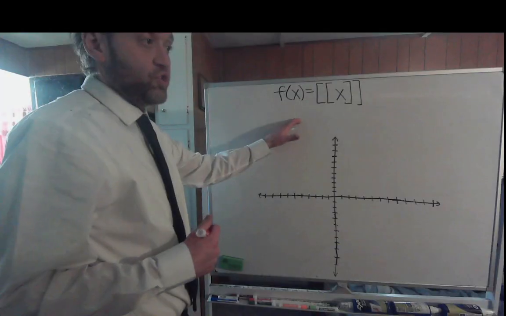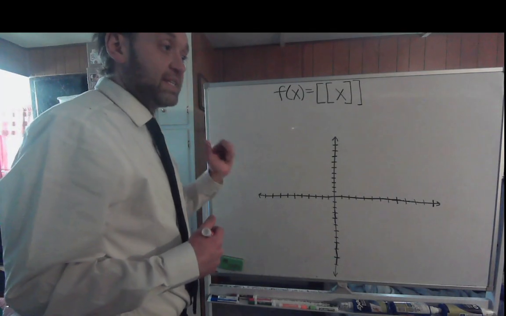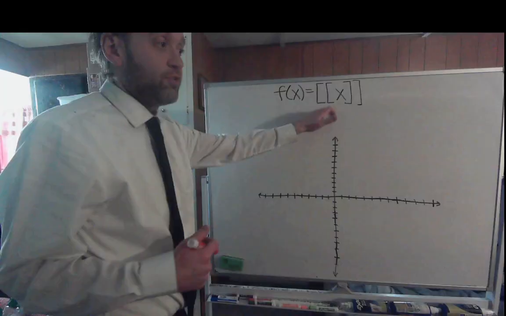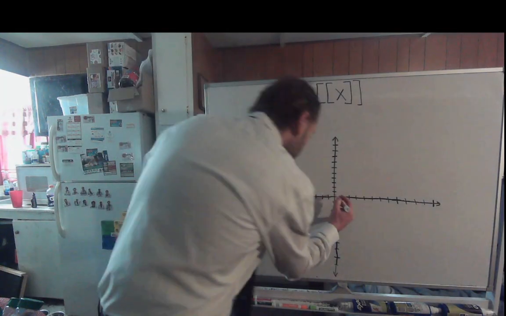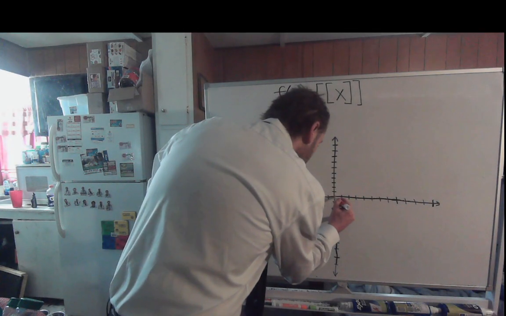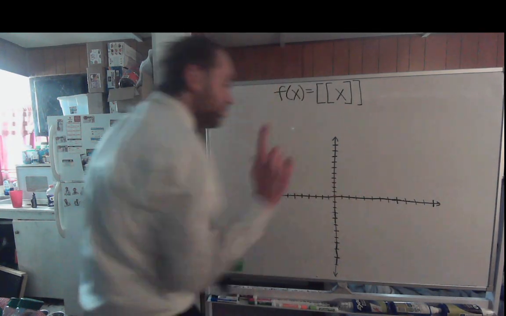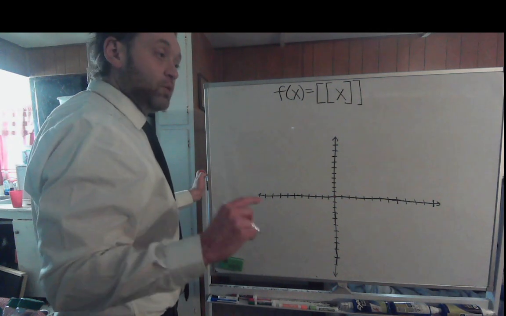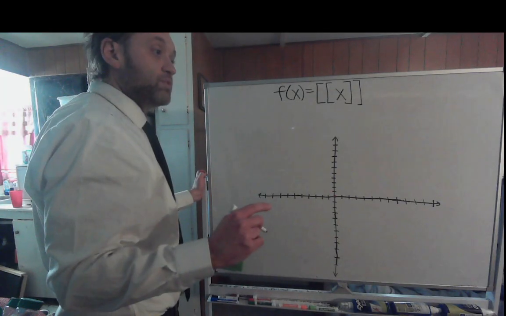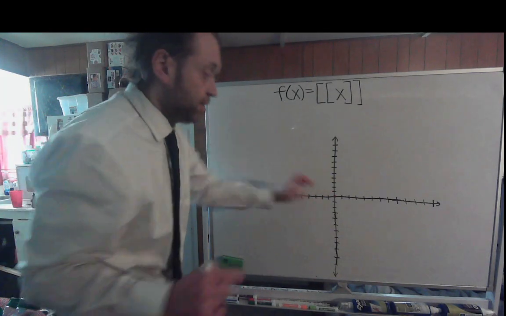The greatest integer. Let's say you put in 0, right? Well, f of x is still equal 0. So you'll plot the point 0, 0. But every number up until 1, up until x equals 1, will round to y equals 0.